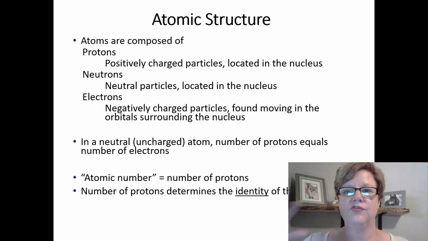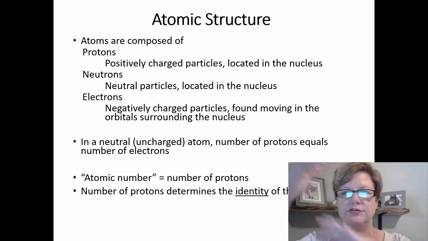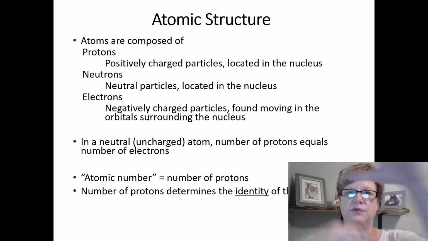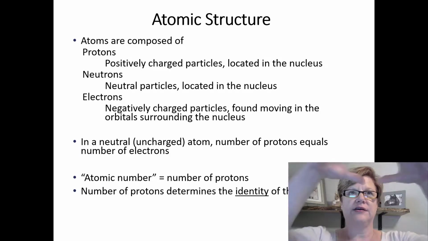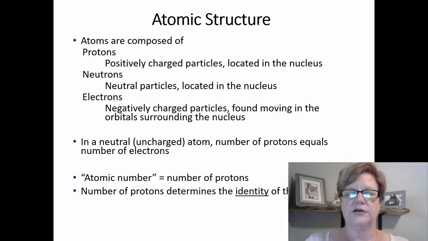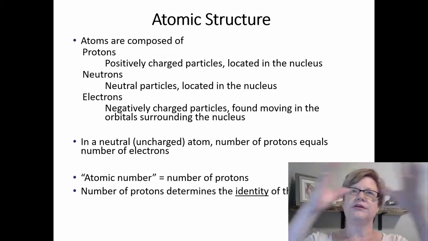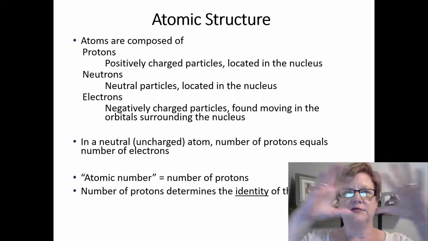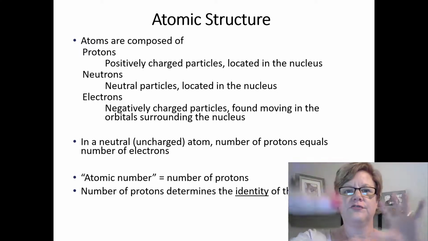And then the electrons are moving around the nucleus at some distance. We call that area that they're moving in the orbital around the nucleus. Sometimes it's called the electron cloud, but we're going to stick with the term orbital and keep things simple, since when you take chemistry, you'll get more of that language. We're just going to think of this as the zone where the electrons are moving around.